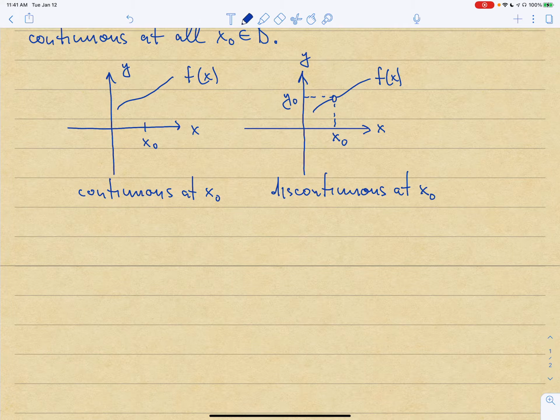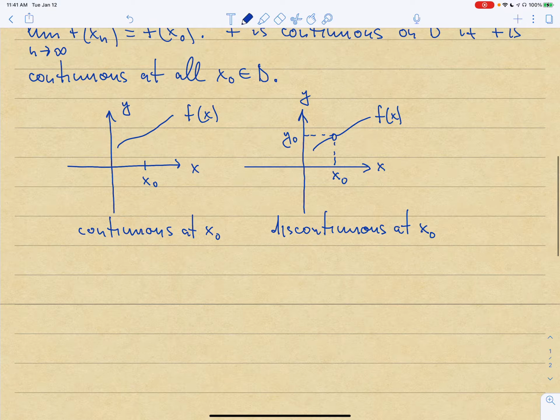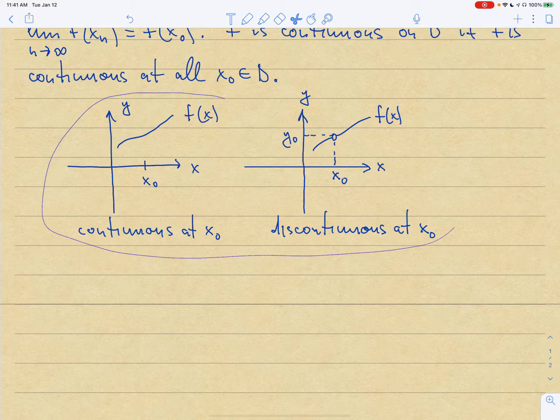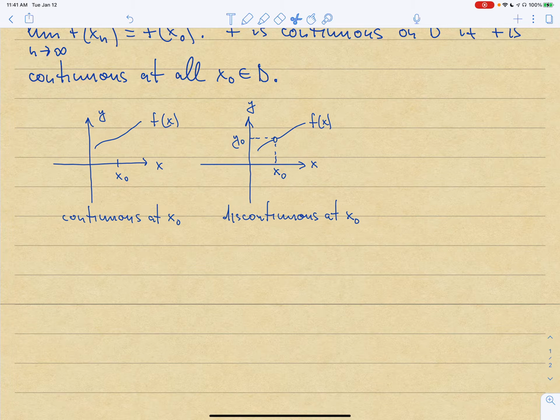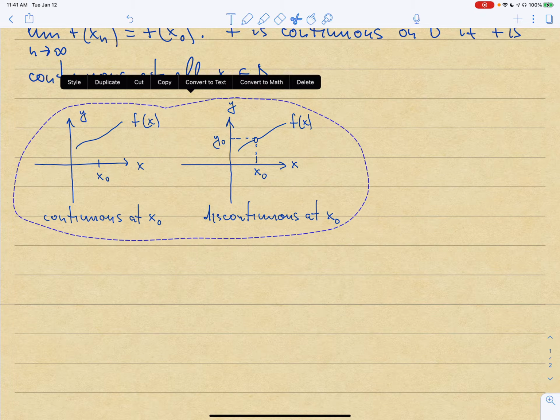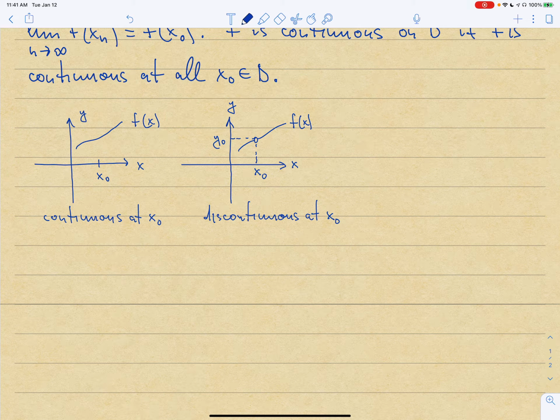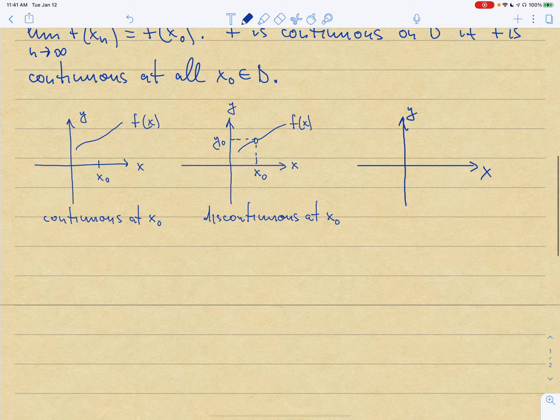And the third example will be a function that jumps at x0. Something like this, and then maybe like that.